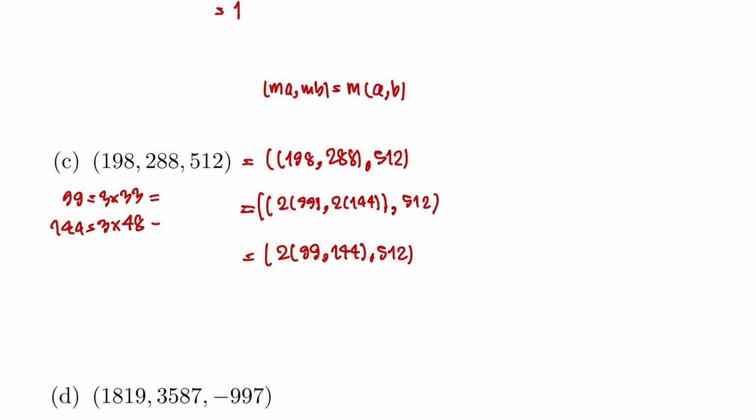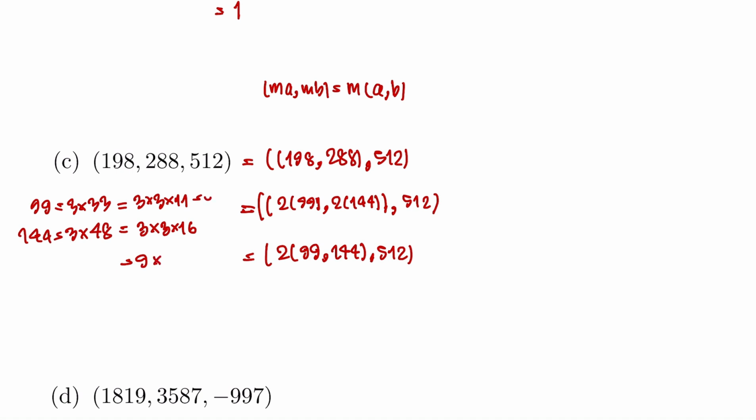Let's move on. 33 becomes 3 times 11, and 48 is 3 times 16. So it turns out 99 is 9 times 11, and 144 is 9 times 16.